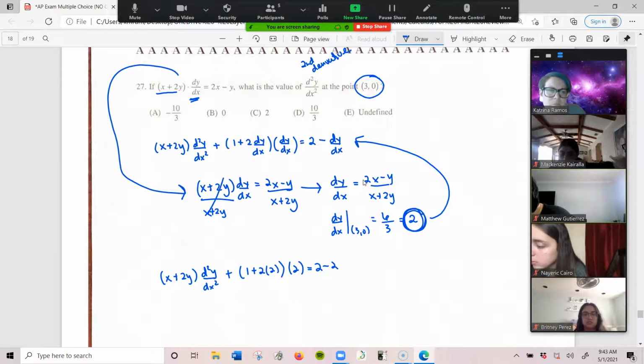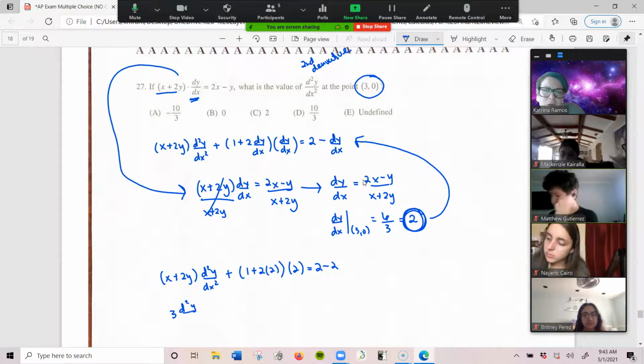Yeah? Then here I still am missing the x and the y, so I can plug in the x and the y that's given, and then solve for d squared y over dx squared. So 3 plus 2 times 0, which is just 3, right?